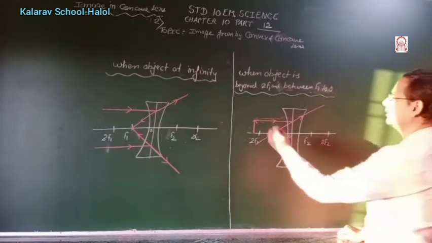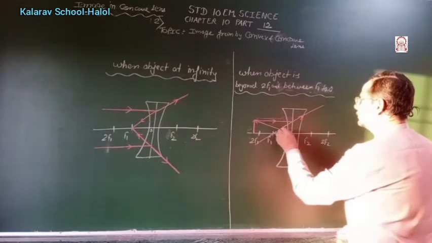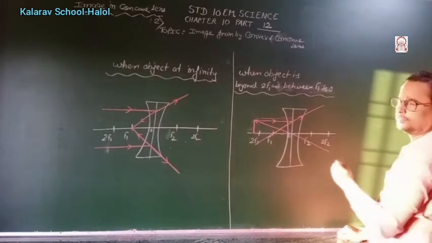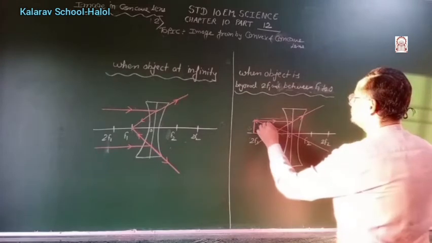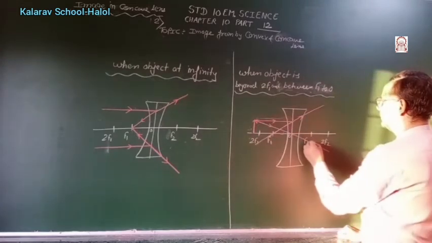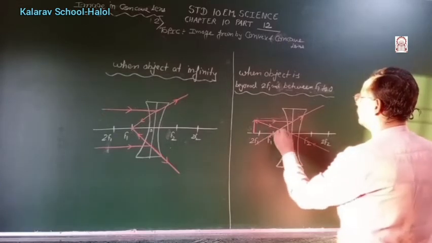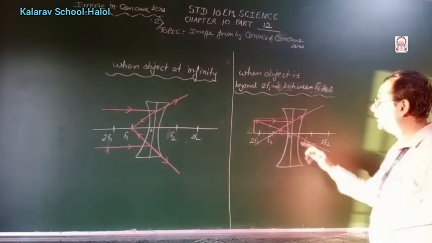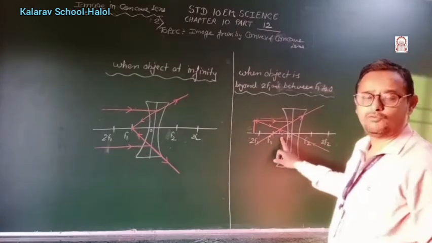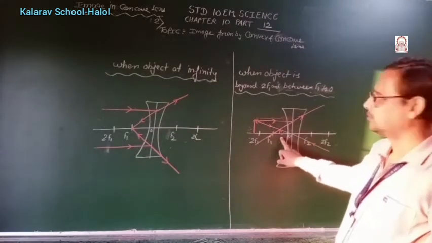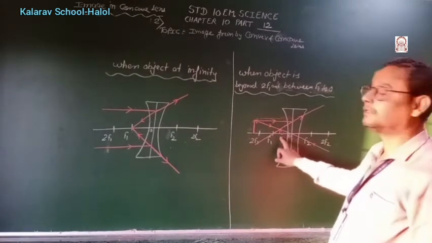And second, the ray passes through the optical center, and as I told you earlier, whatever ray comes through the optical center goes straight. In that condition the image will be formed between F1 and O, and it is again a virtual image, smaller than the object and erect, सीधी होगी.